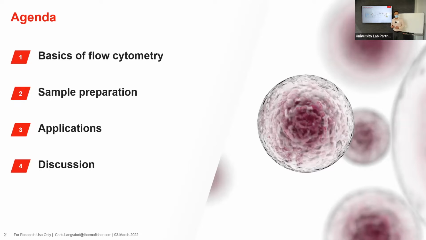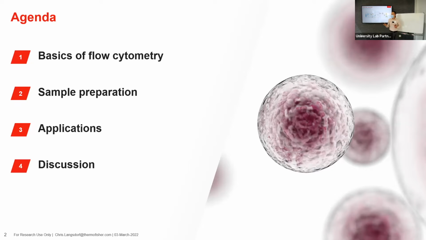With flow, generally what we're doing is combining 3 different systems in one box. So 3 things are required for flow. One is the fluidic system that carries our cells from whatever reservoir they're in, usually a tube or a 96-well plate, through an interrogation point, ideally 1 cell at a time, so that we can analyze 1 cell at a time. Those cells are passing through an optic system that's shining light on those cells.